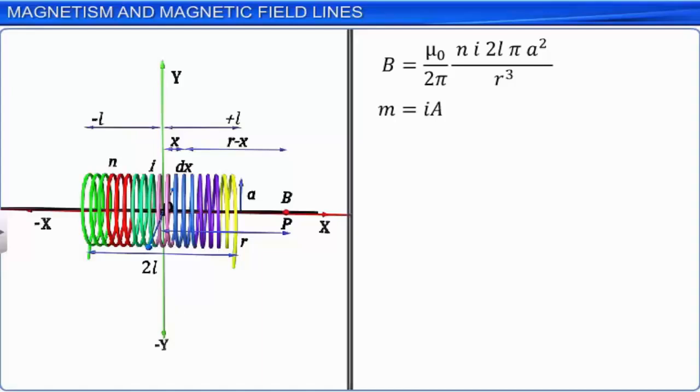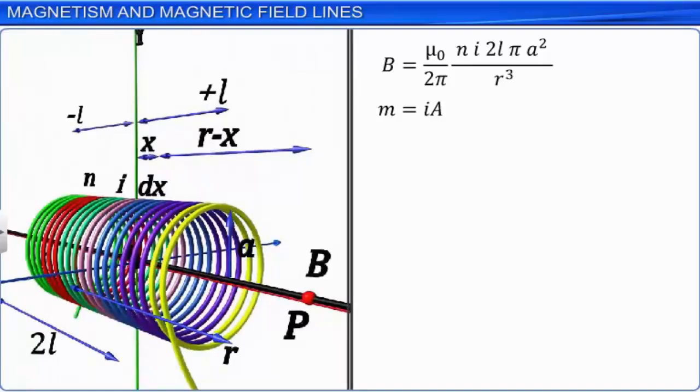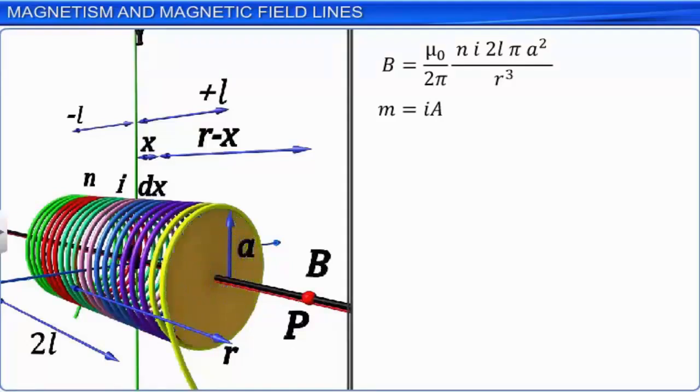Thus, the area of each loop of the solenoid is π A². The total number of loops in the solenoid is n × 2L, and hence the magnetic moment of the solenoid M = n 2L I A, which is equal to n 2L I π A².